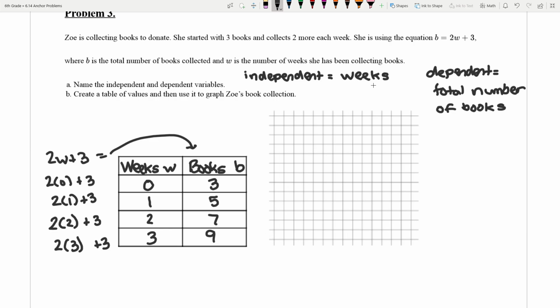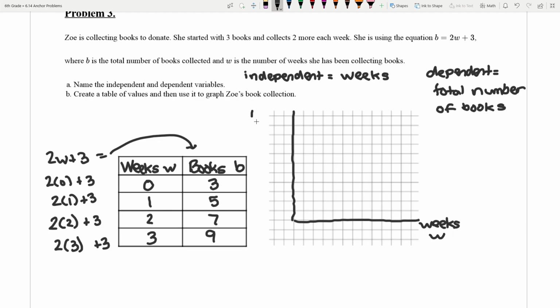And so we can go from the equation to the table, now to the graph. Our independent variable, excuse me, is our weeks, and that's going to go on the x-axis here.